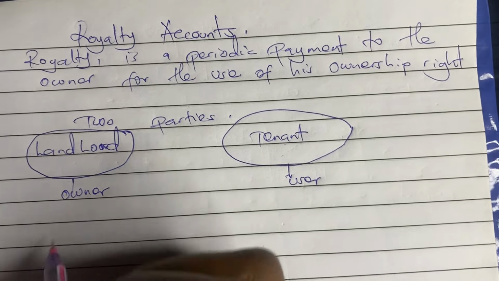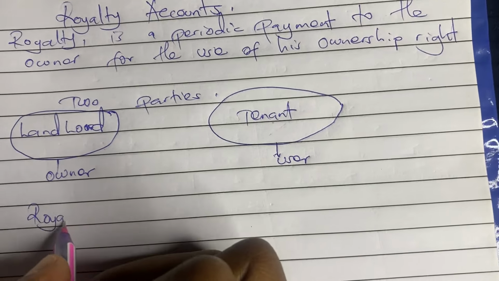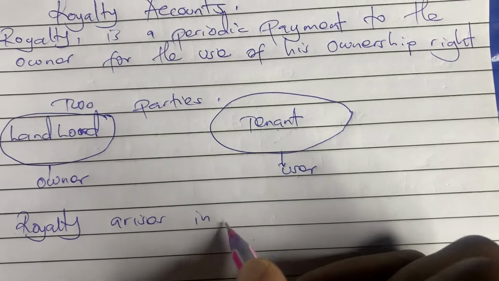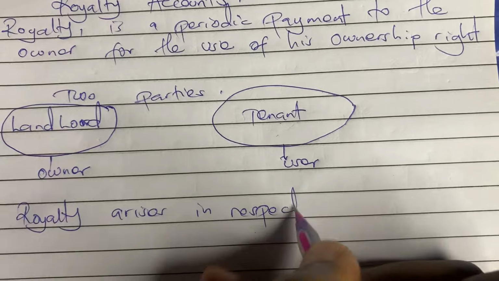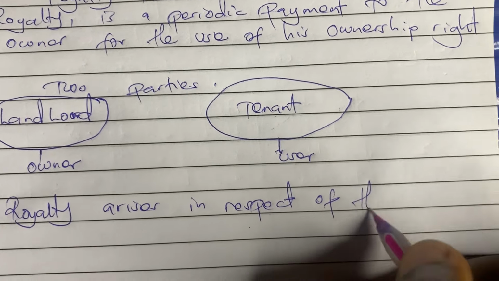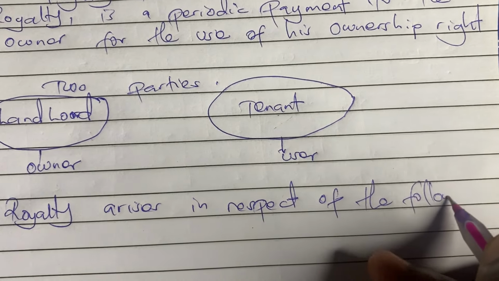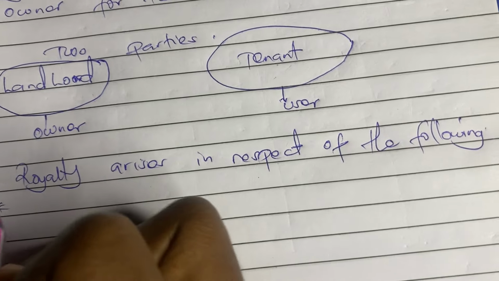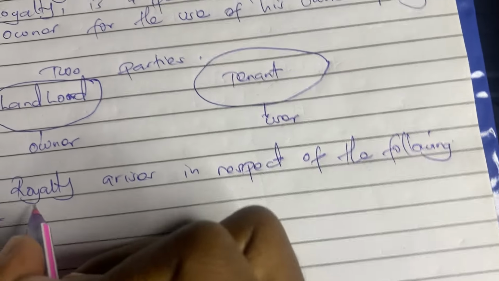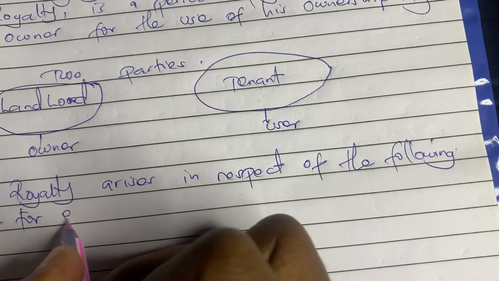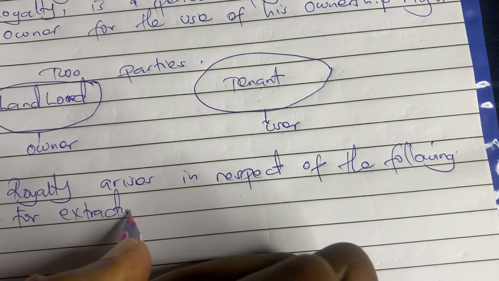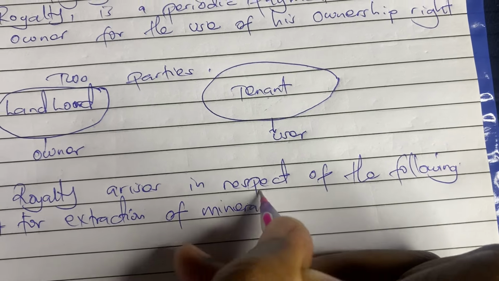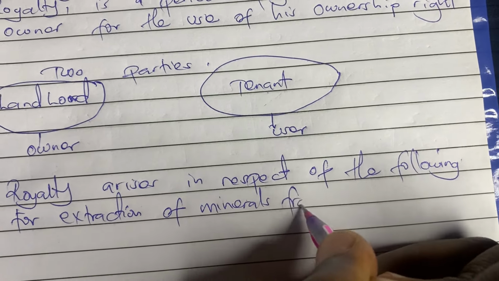So royalty arises in respect of the following. For example, for the extraction of minerals from the ground.